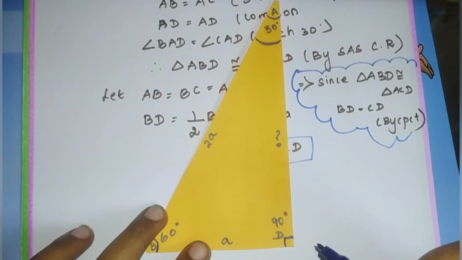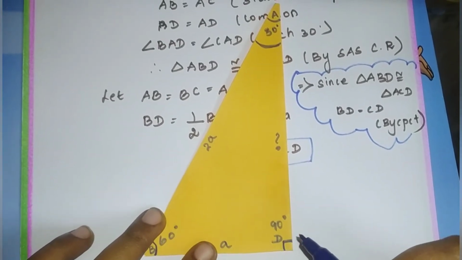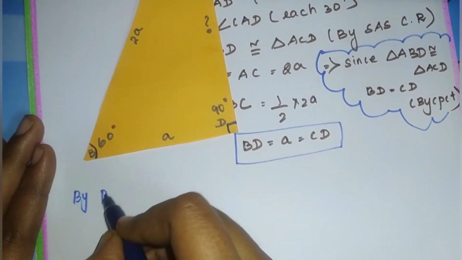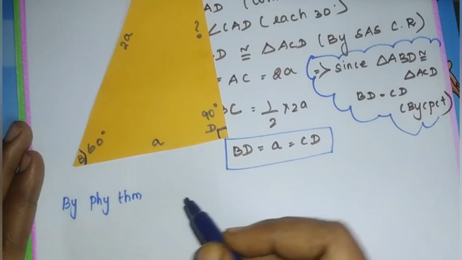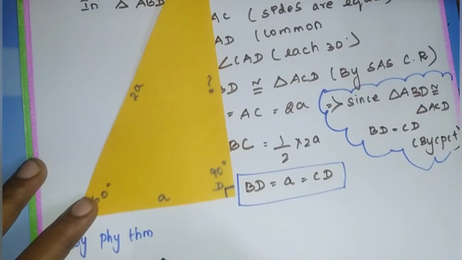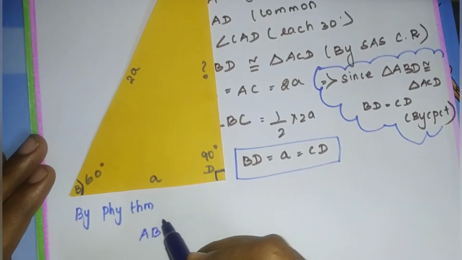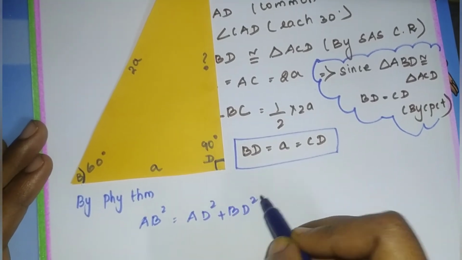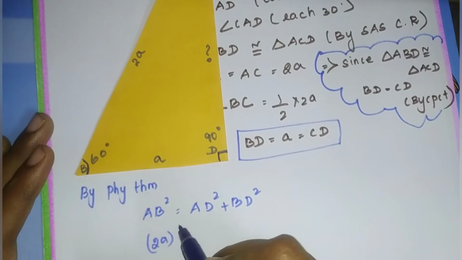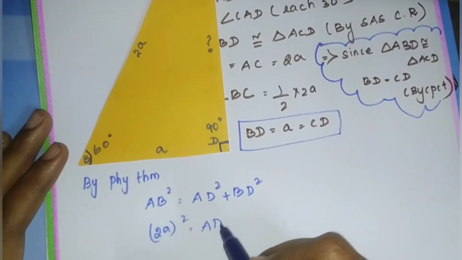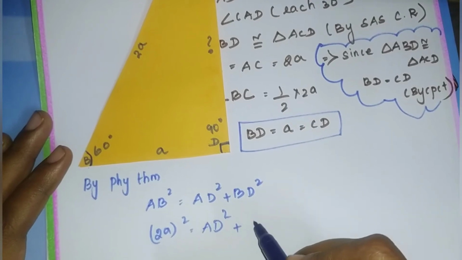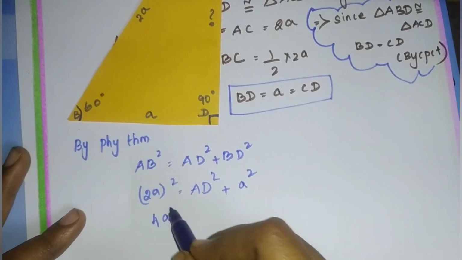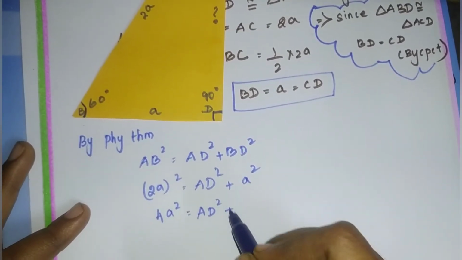How can we find this missing side? By using Pythagoras theorem, we are going to find the side AD. AB square is equal to AD square plus BD square. AB is 2a the whole square. AD we don't know, that only we are going to find. And then a square. So 4a square is equal to AD square plus a square.